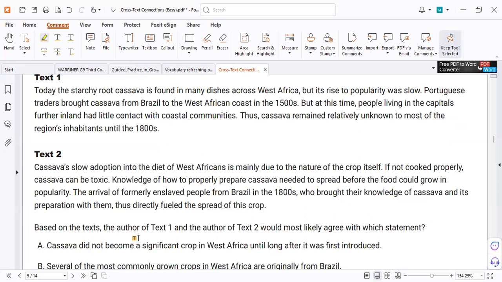Let's try again together. He said text 1 and 2 agree. So what is the point that both of them agree about? Let's try.